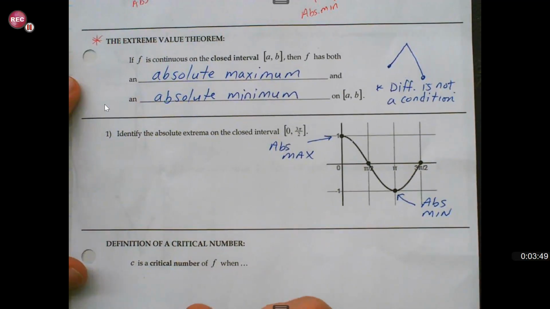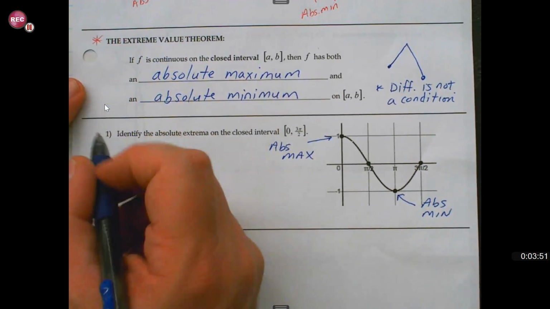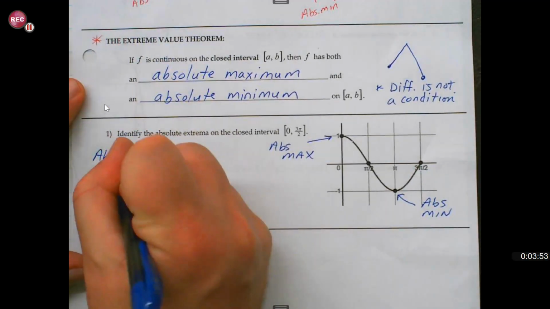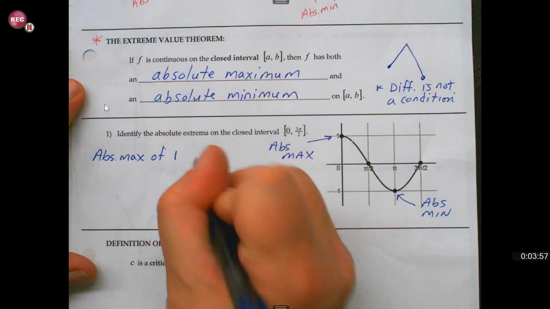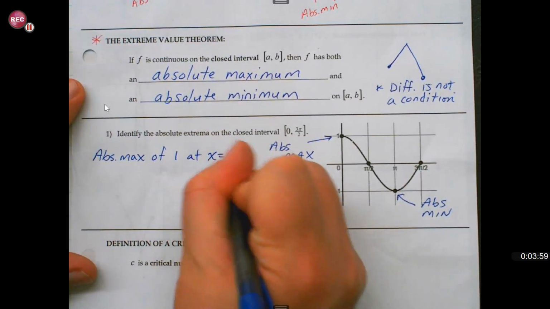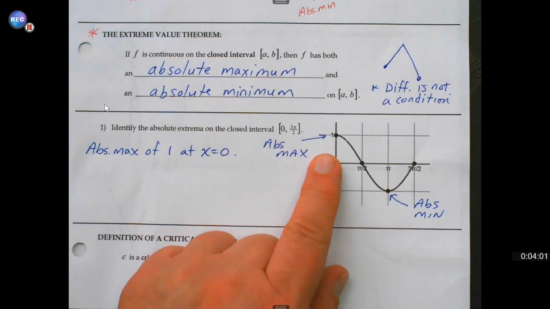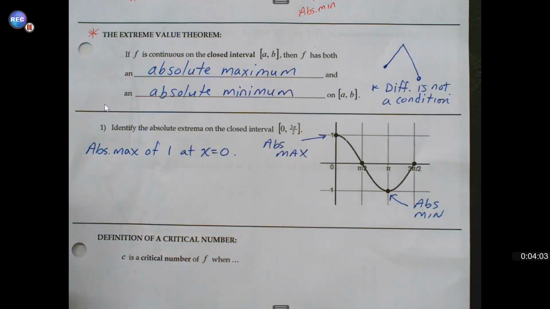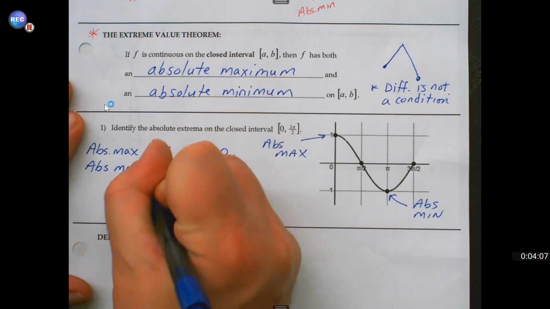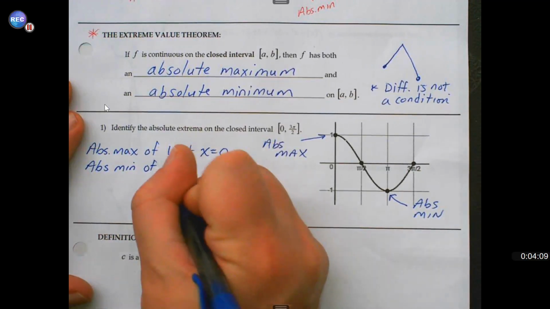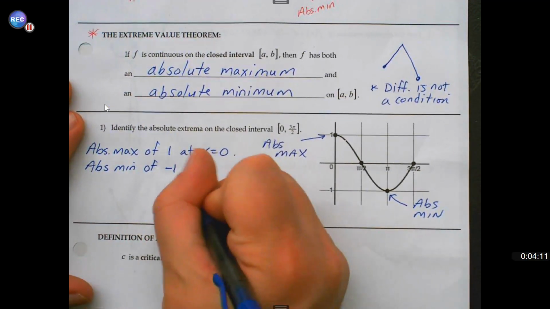There's two ways we could do this. We could say absolute max of 1 at x equals 0. That's how we would describe that location. And we could say absolute min of -1 at x equals pi.